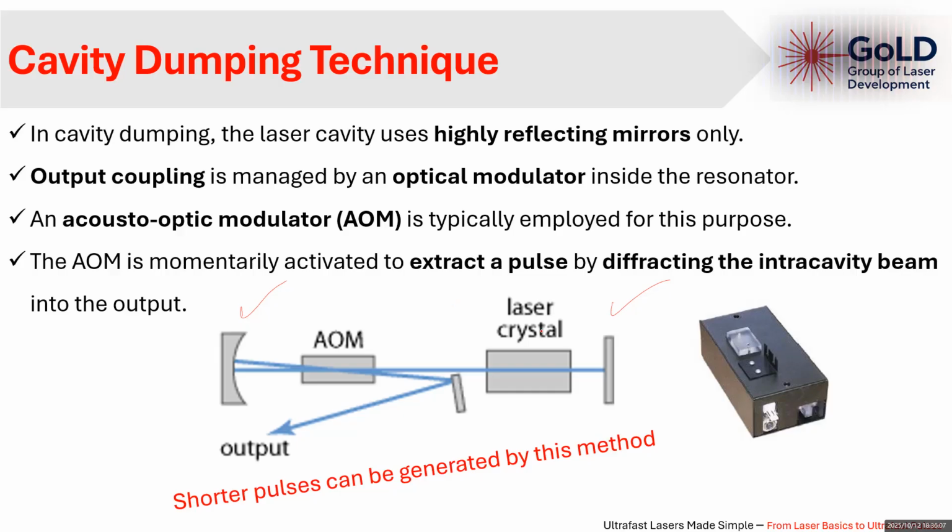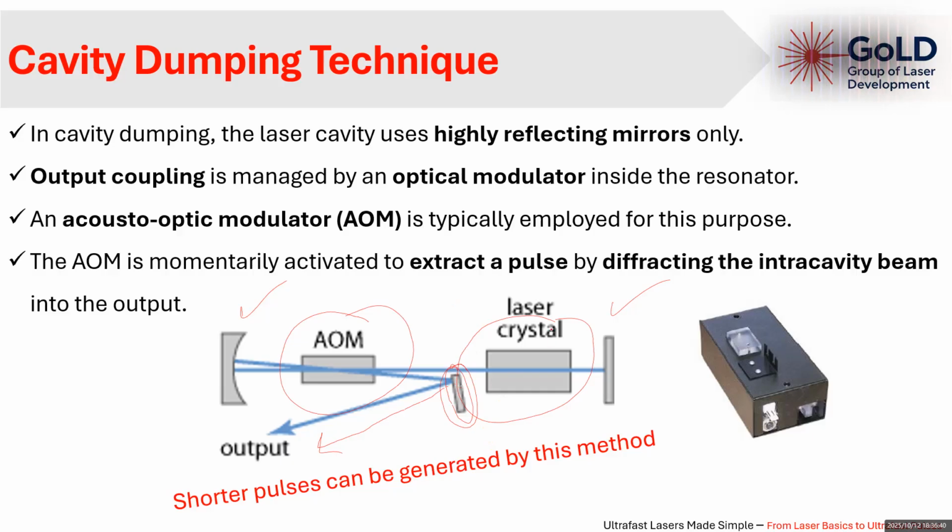We have a gain medium here, laser crystal, whatever, and we have an optical switch. Here we are using the acousto-optic modulator. How it works: when it turns on, the light is diffracted, if you remember its working, and this light can be extracted from the cavity by using another mirror, out of the cavity.